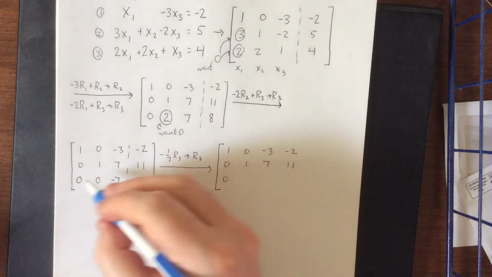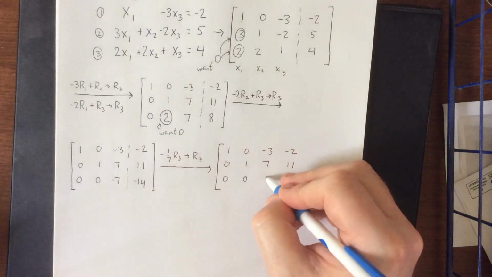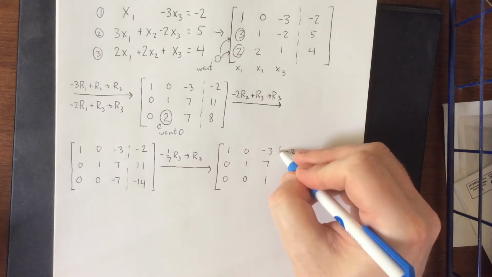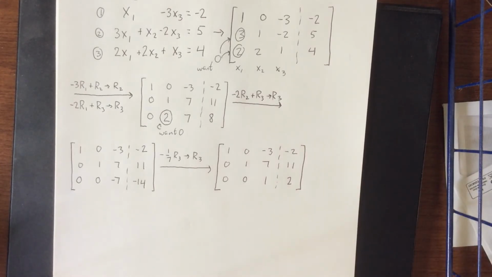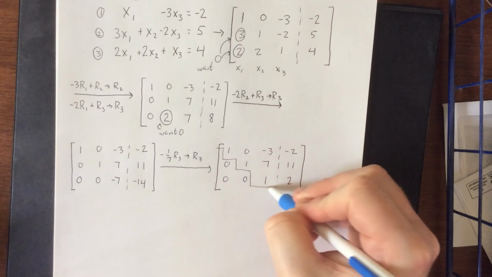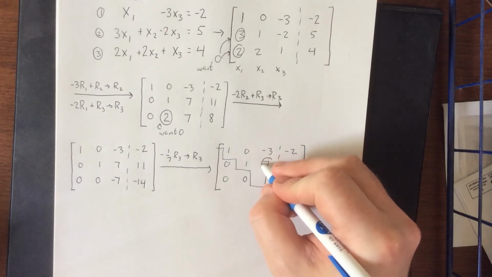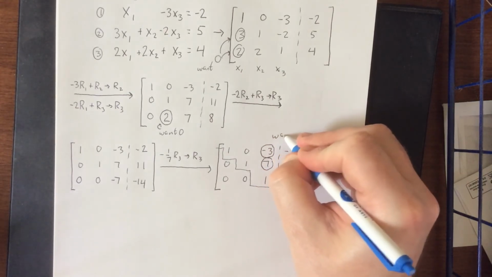Then we take negative 1/7 of 0, negative 1/7 of 7, and negative 1/7 of negative 14. At this point, we are now looking at row echelon form. We have our nice little staircase of lead ones with a bunch of zeros below it. However, if we wanted to take this to reduced row echelon form, that last lead one needs zeros above it.